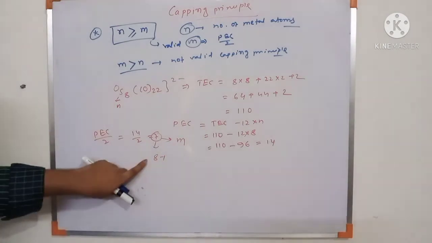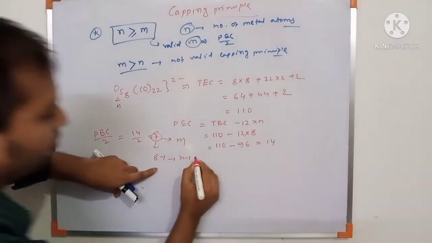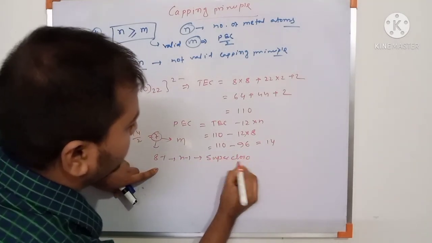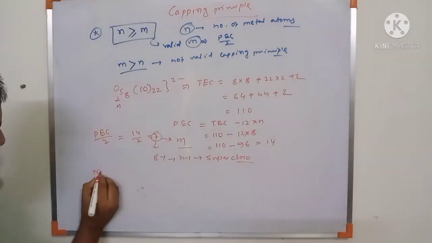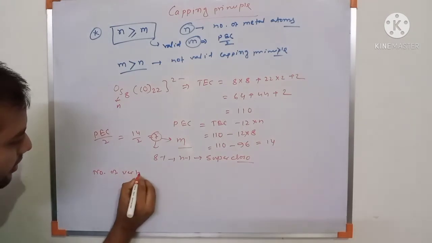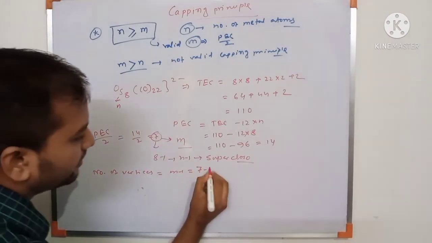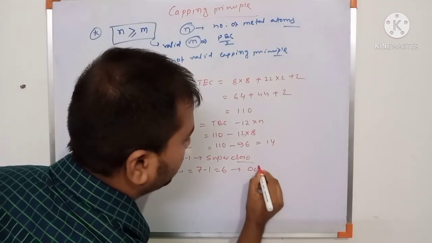So N minus 1 equal to 7, this is superclosure. The number of vertices equals M minus 1 equal to 7 minus 1 equal to 6, so this is octahedral.